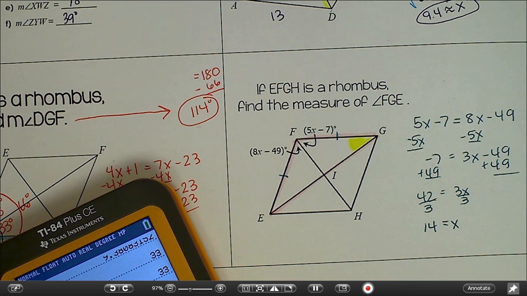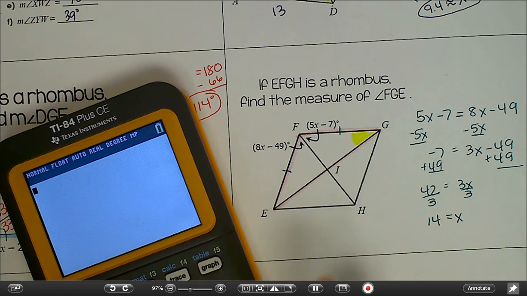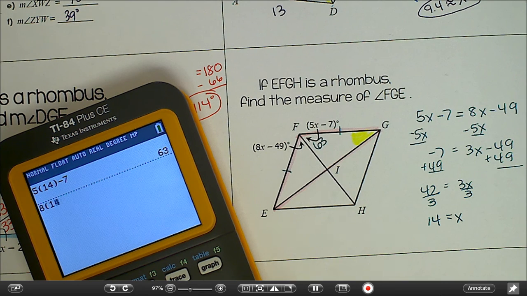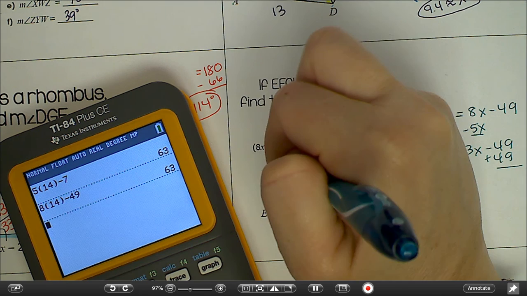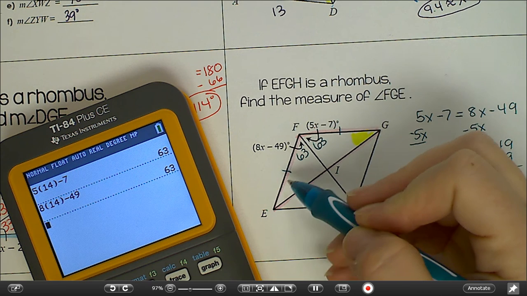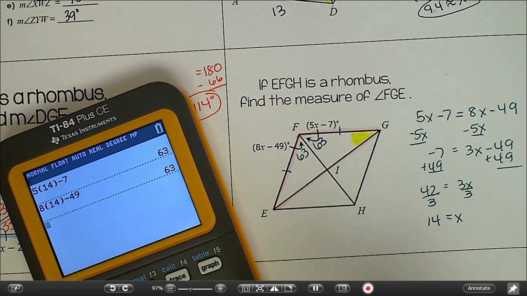All right, so I got 14 is equal to x. And now I'm going to substitute that in to figure out my angle measures. And again, if we did that right, this one will be the same. Perfect. Now, this time it jumped out at me that we have an isosceles triangle, and I know in an isosceles triangle, base angles are congruent.